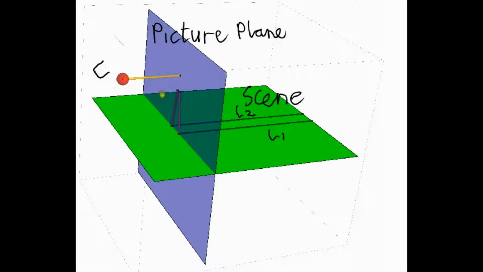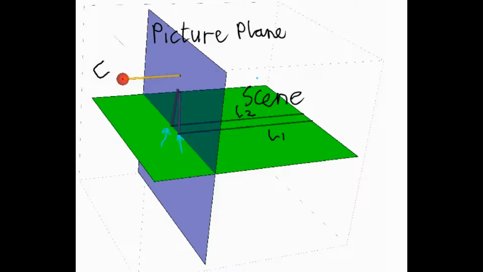Here I've illustrated these two lines on the picture plane. And these are essentially the images of the lines on the scene, L1 and L2. If you like, you could think of them as the depictions of the railroad tracks.